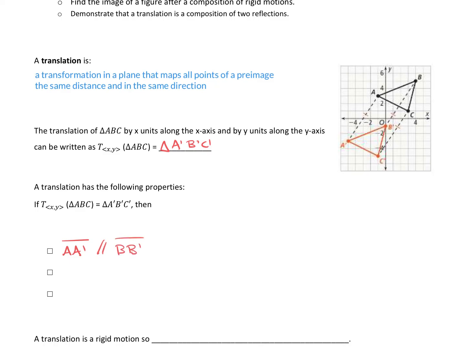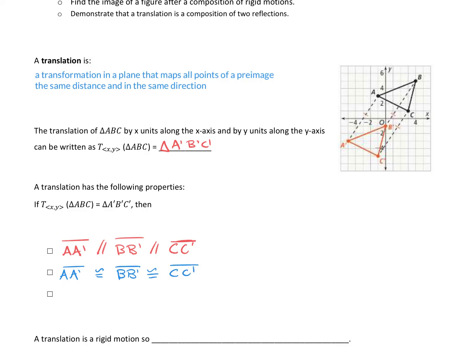If we look at the picture, here's A to A prime, B to B prime. Those segments are parallel, and they are also parallel to segment CC prime. So if you go from a vertex of the preimage to the corresponding vertex of the image, those segments are all going to be parallel. Those segments are all also going to be congruent. So segment AA prime is congruent to segment BB prime, which is also congruent to segment CC prime.